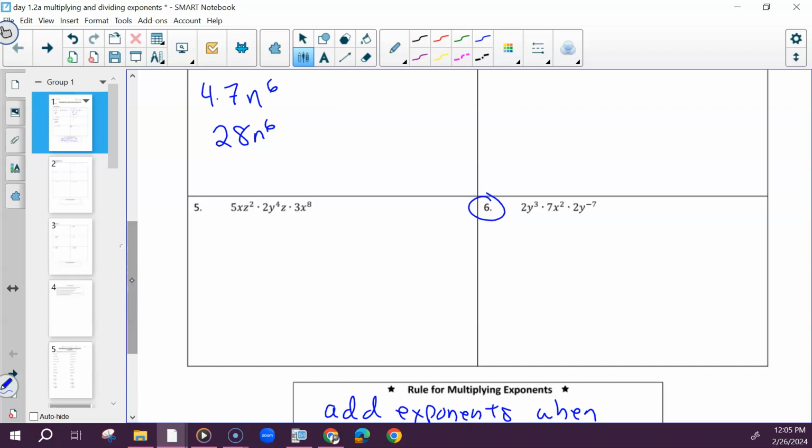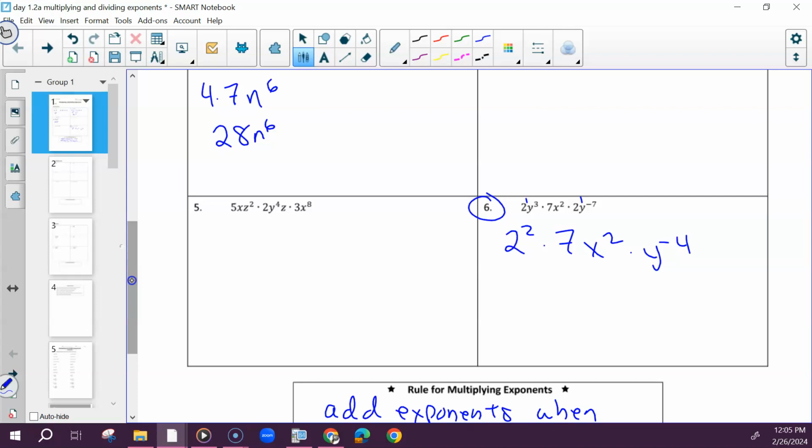Alright, so in 6, we have like bases, the 2's, and all the y's. So the 2's would become 2 squared. If we added the exponents of the y's, we have y to the negative 4. We'd really be subtracting in that case, so it would be plus a negative. The x wouldn't change because it doesn't have a like base.